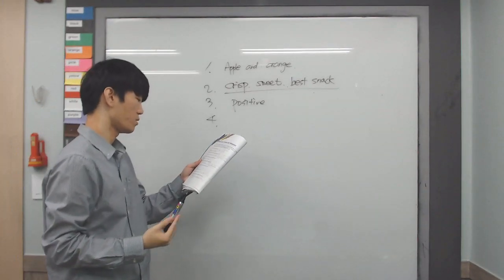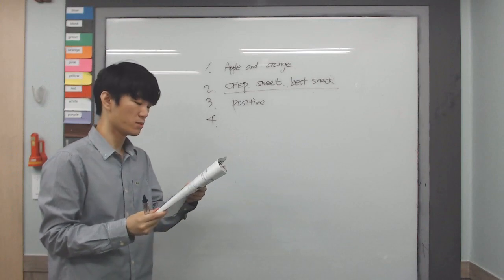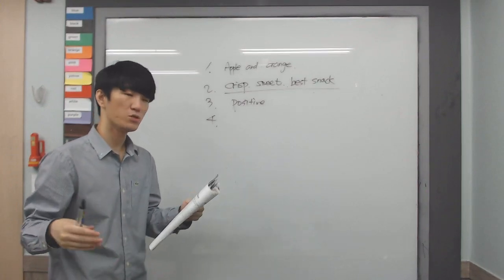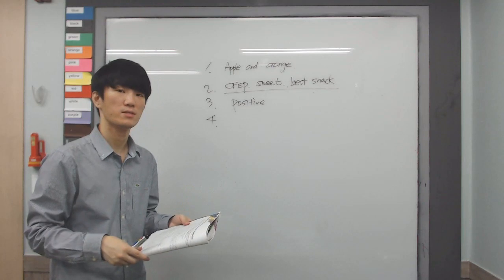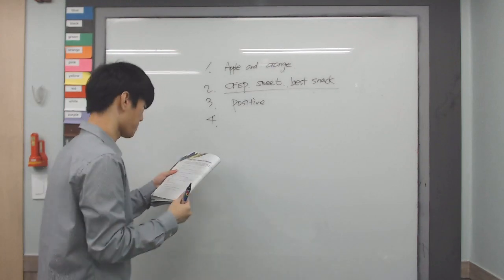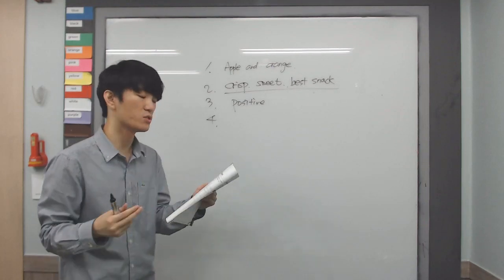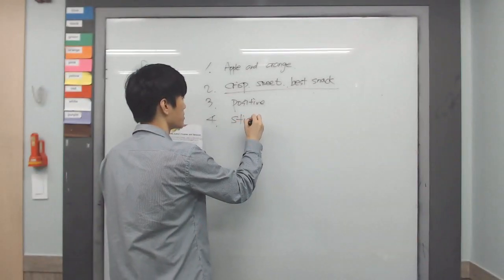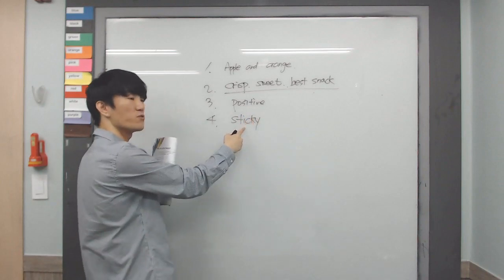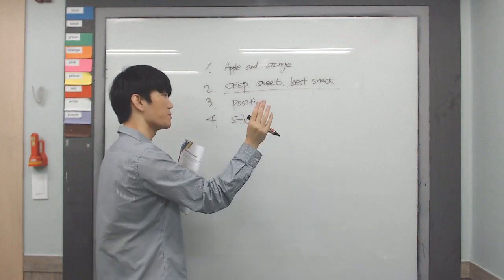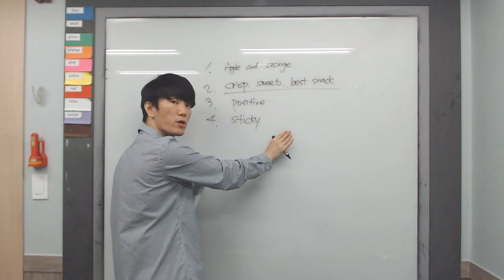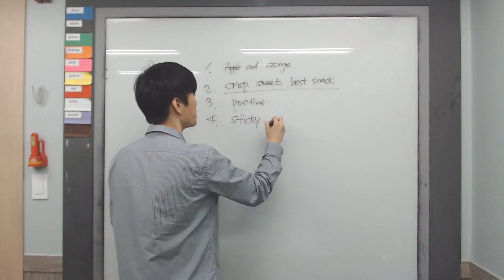And number 4. What words does the author use to describe oranges? This is about orange, not apple. Orange. Think about this. This word is on the vocab list. Sticky. It can stick on somewhere. And messy.